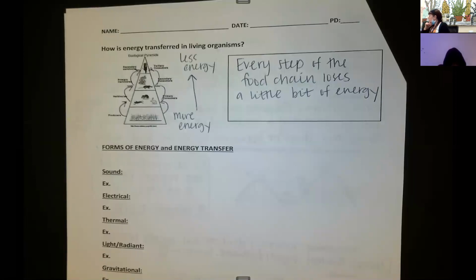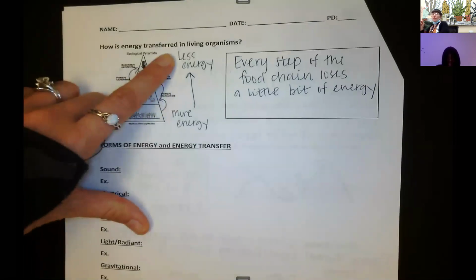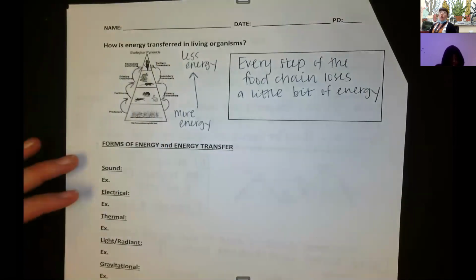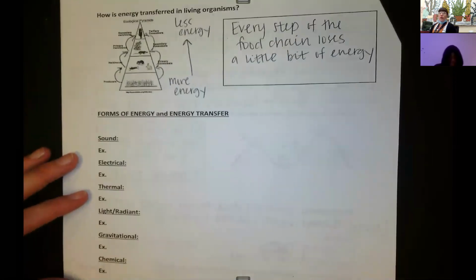What do you have? That's perfect. That's fine. You might also want to write that there's the less energy and then the more energy. Okay. So we're still focused on energy.